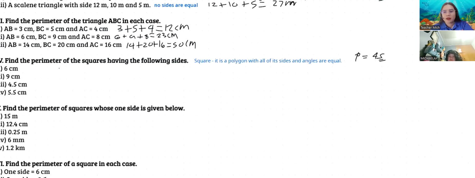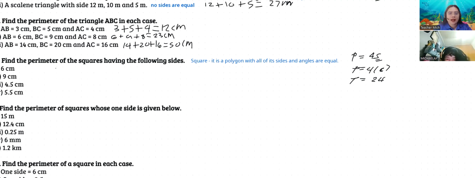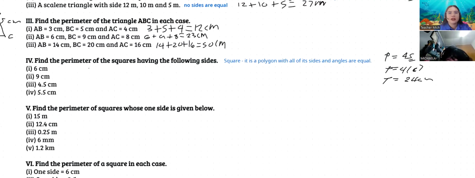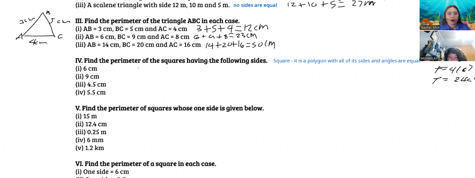So P is equal to 4 times 6. So we have here P is equal to 24. 24 what? Centimeter. Again, the given side, you just need to multiply it by 4. So with that, we have here 4s, and that is equal to 4 times 6 centimeter. And then 4 times 6, that is equal to 24 centimeter.